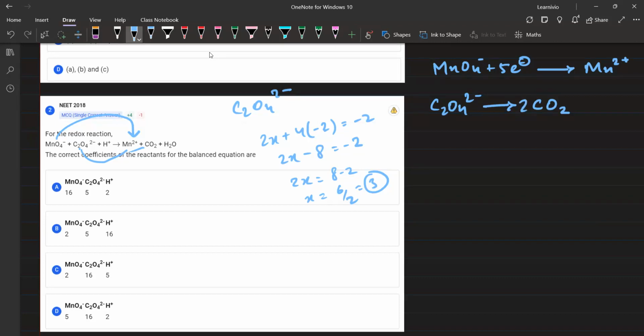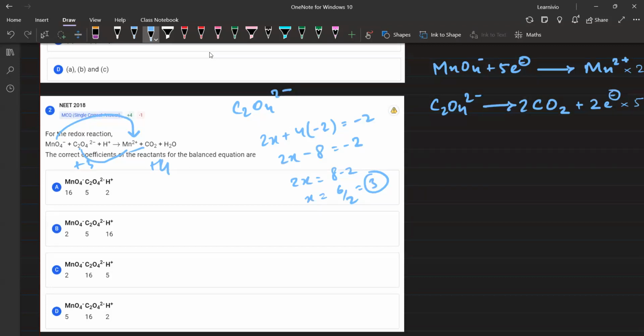Now for one carbon atom, what is the change in oxidation state? It is going from +3 to +4 in CO2. For one carbon atom, the electron needed is 1. For two carbon atoms, you will need 2 electrons. So 2 electrons will be leaving like this. Now you need to balance the number of electrons. So in both, multiply by 2 here and by 5 here.